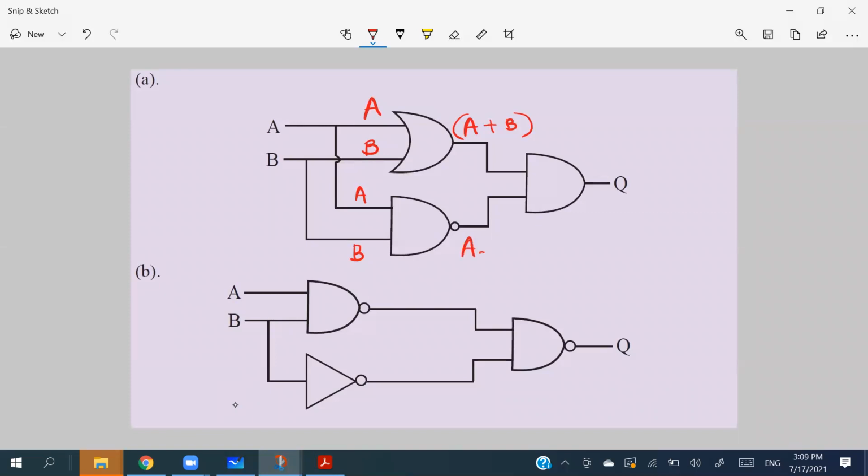This is going to give you A dot B total bar, or else you can say A dot B dash out of the brackets, right? And the last Q is going to be the multiplication of A plus B dot A dot B total bar, right?